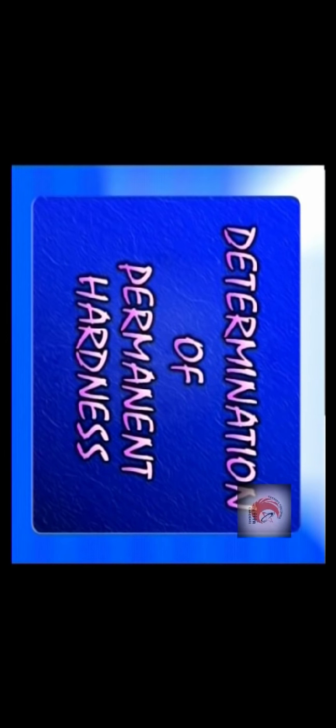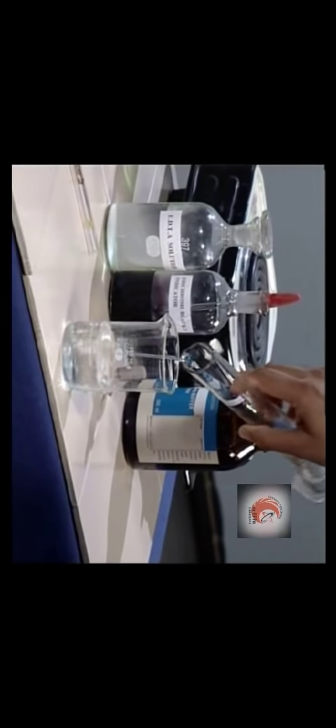Now we shall determine permanent hardness. So take 100 ml sample. Take the sample in the beaker and put it on the hot plate.